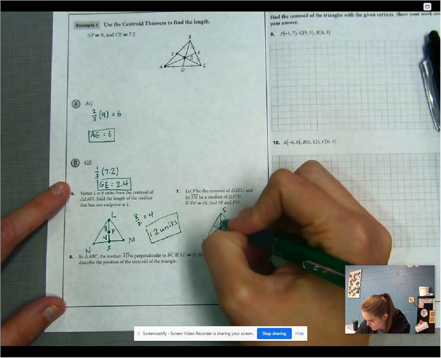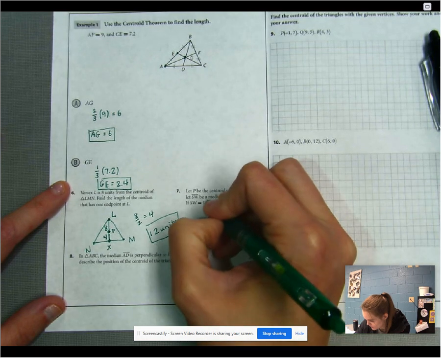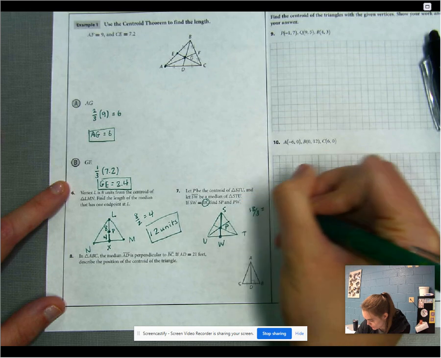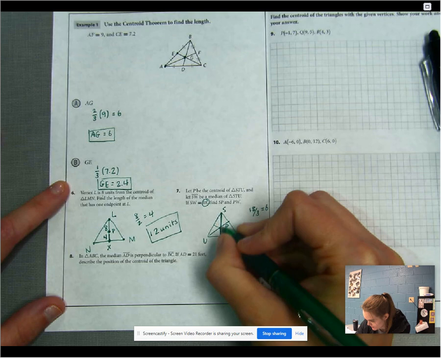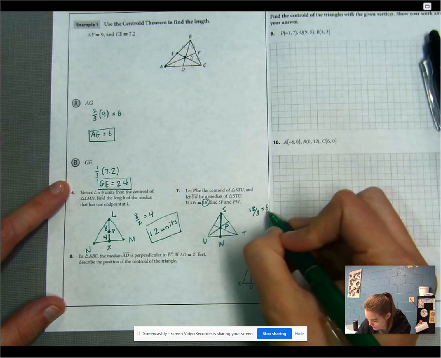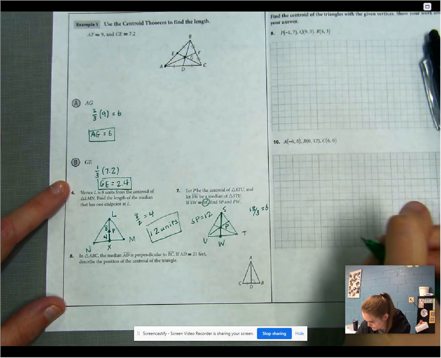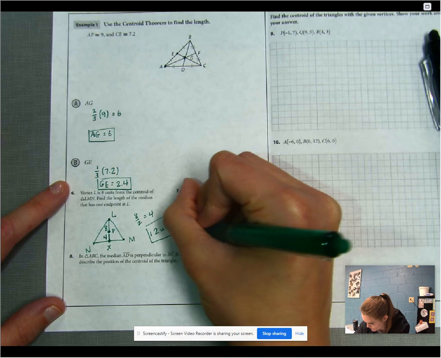If SW, the whole thing, is 18, we're supposed to find these pieces, the top piece, the bottom piece. To do that, we're going to take 18 and divide it into 3 pieces. That is 6. That means, since this is 2/3, we would have 2 of these 6's, which is 12. So SP is 12. The PW part is just 1 of the thirds, so it is 6.